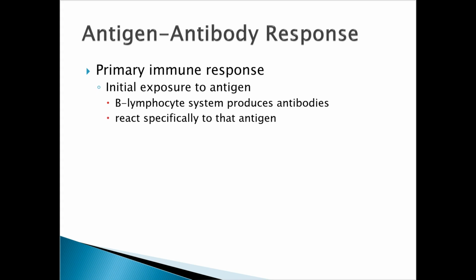So you're going to have a hypersensitivity response, which is an overreaction of the immune system, which leads to an allergic reaction. You're going to have a primary immune response once you have an initial exposure to the antigen, or the allergen in this case, and it's going to react specifically to that antigen from then on because you're going to produce antibodies against it.